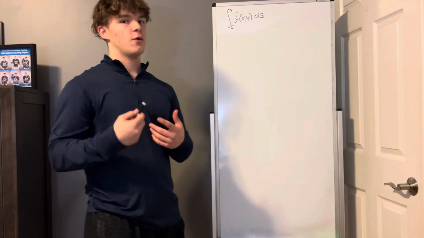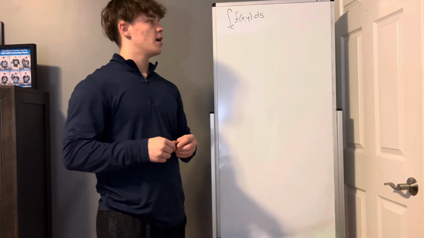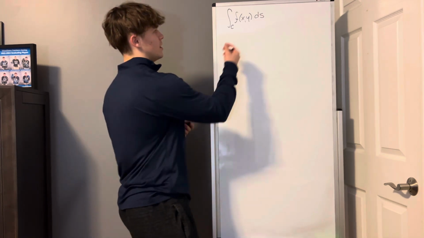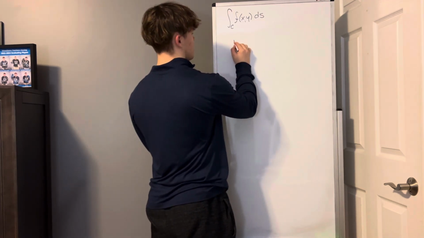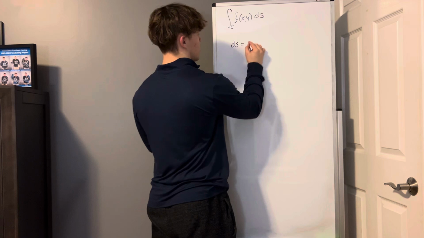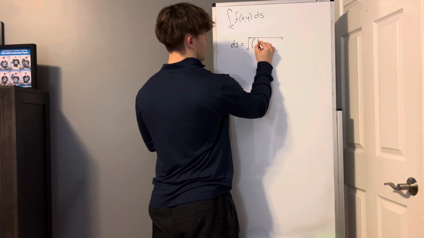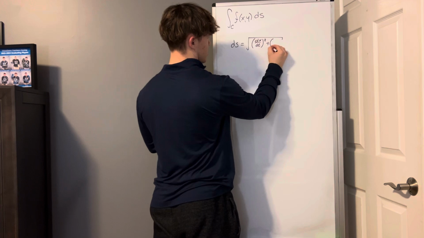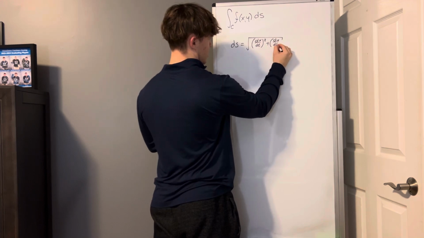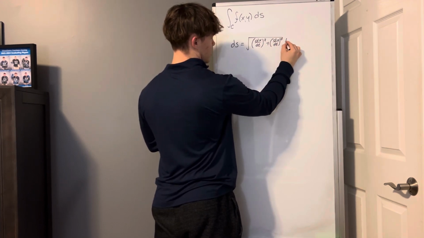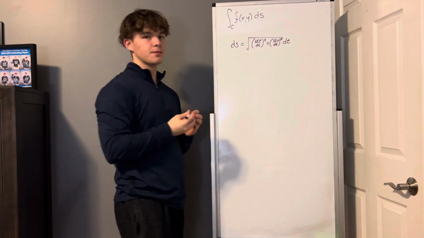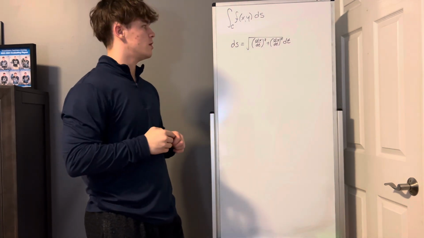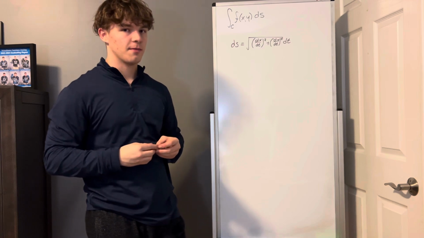So if you've watched my videos in the past, my videos on arc length, we know that ds actually equals the square root of (dx/dt) squared plus (dy/dt) squared, dt. And this is really just derived using the Pythagorean theorem.